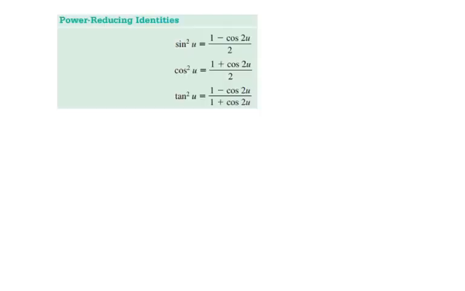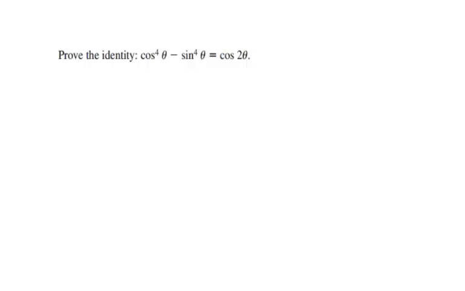All right. So taking a look at what we have here in our example, again, this one is a proof, and so we're not going to do things to one side and then the other. We're going to just rewrite one side so that it equals the other, versus doing operations to both sides. So taking a look at this and what we've just been doing, we have cosine to the fourth minus sine to the fourth.